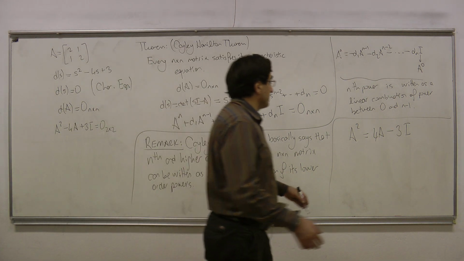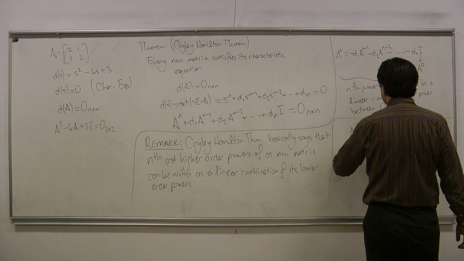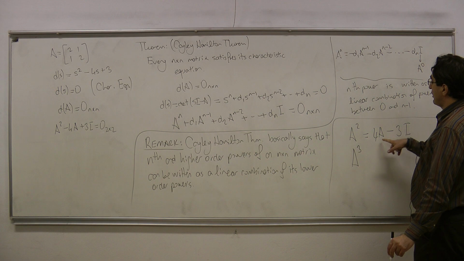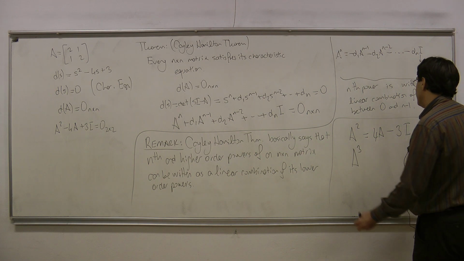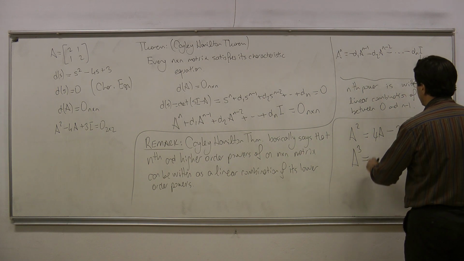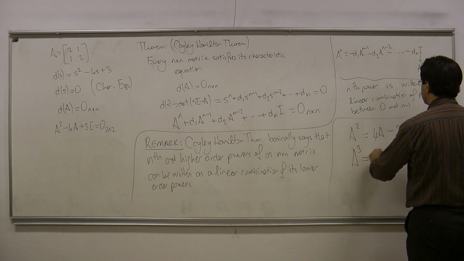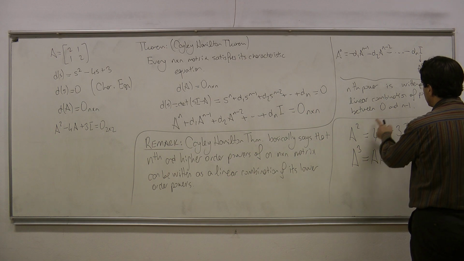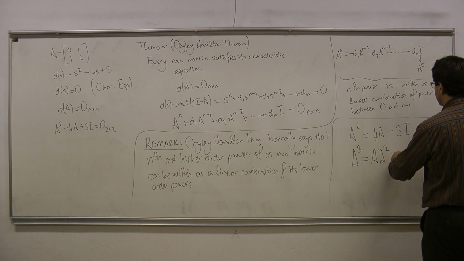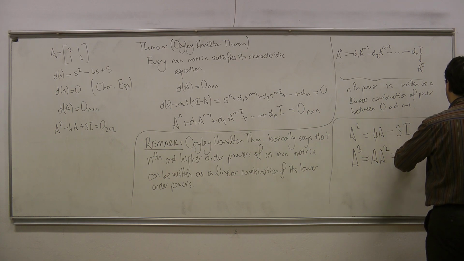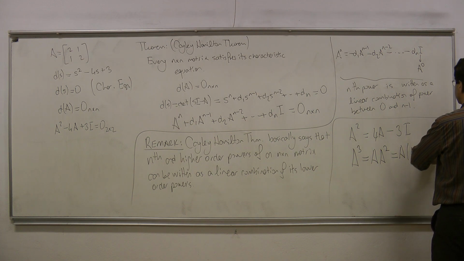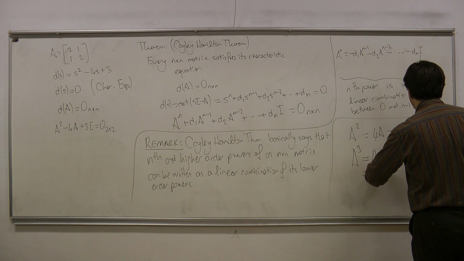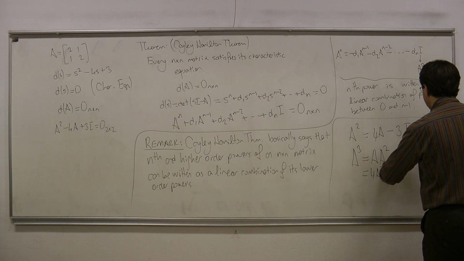And now I'm wondering about A cube. Can I write A cube as a linear combination of A to the 0 and A to the 1? The task here is really simple. I can write A cube as A times A squared. And I know that A squared is 4A minus 3 identity. So A times (4A minus 3 identity), and if I do this multiplication, I get 4A squared minus 3A.